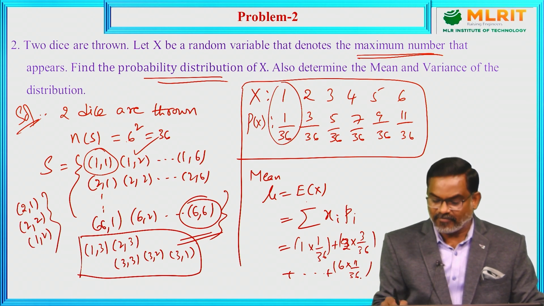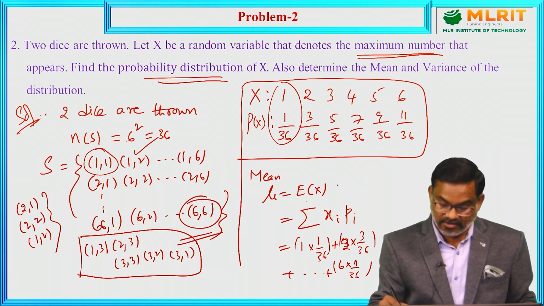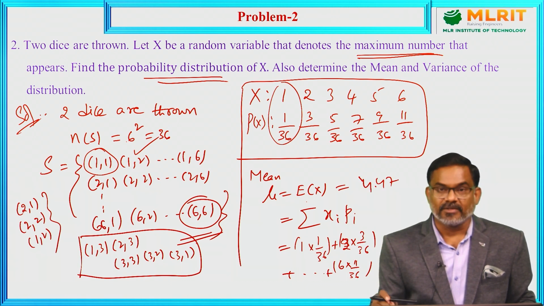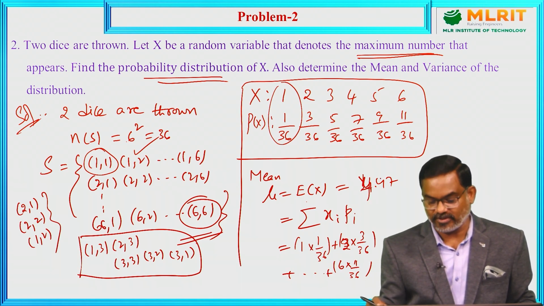The sum of these products, when we calculate, becomes 4.47. So, the mean or average or the expectation is given by 4.47.